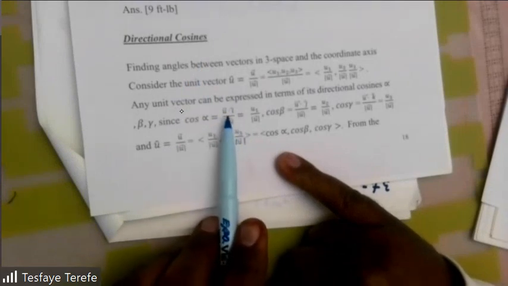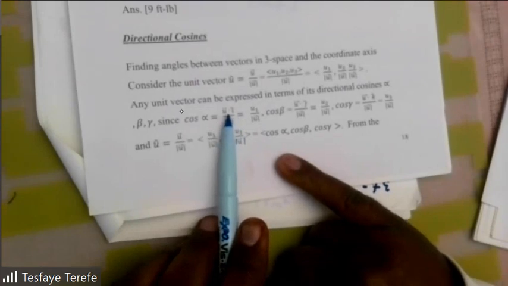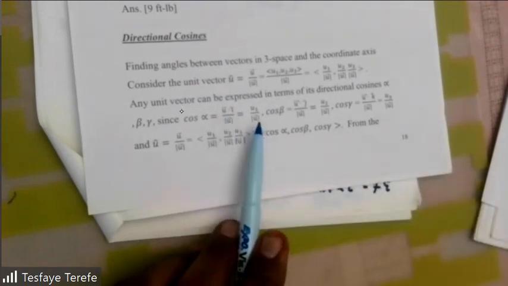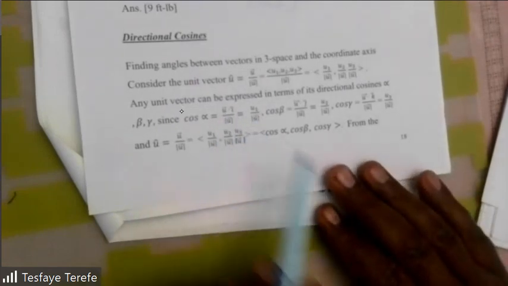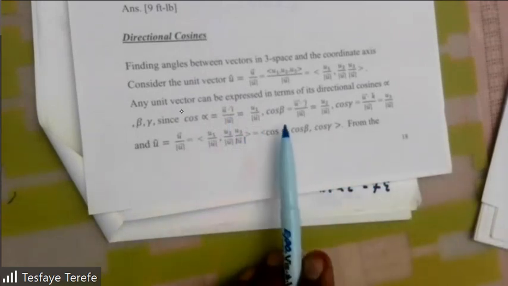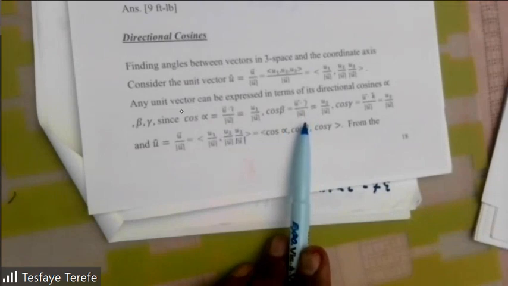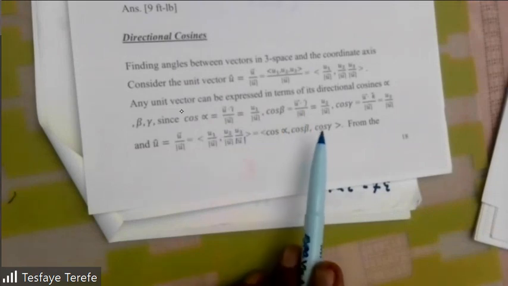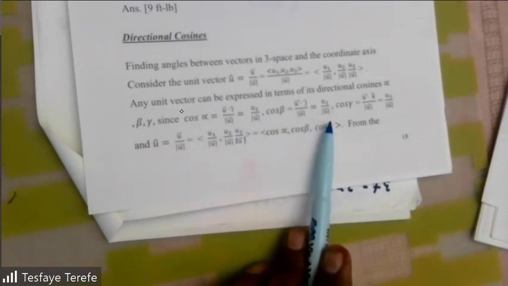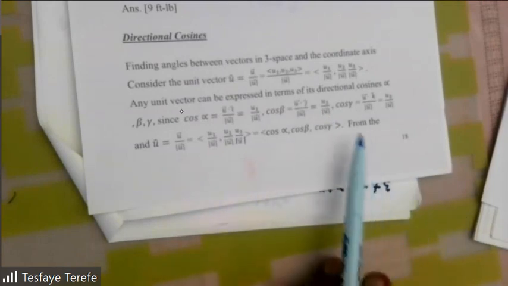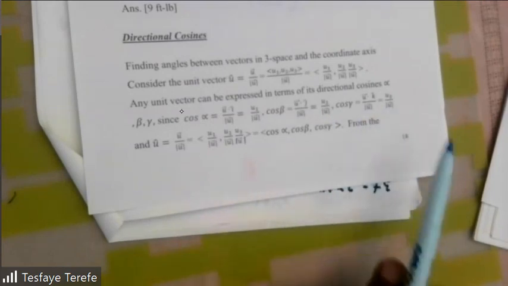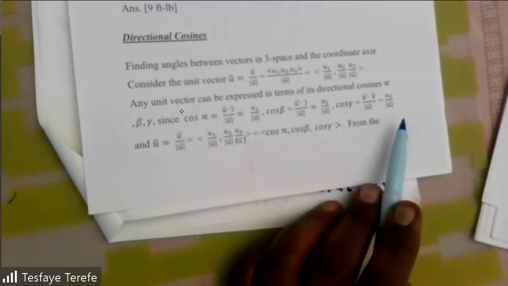As you know, the dot product with the unit vector gives you the x component only, so u1 over the norm of u. Likewise, cosine beta is u dotted with j divided by the norm, which is u sub 2 over the norm of u. Likewise, u dotted with k gives you only the k component, since the x and y components vanish, so u sub 3 over the norm of u.